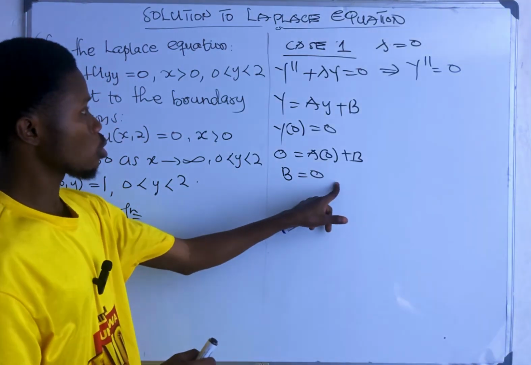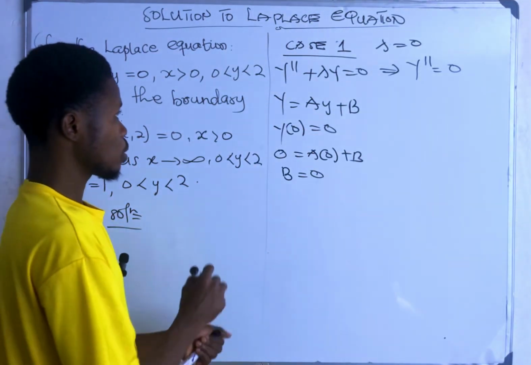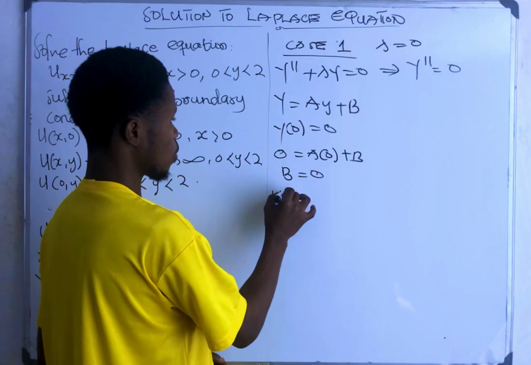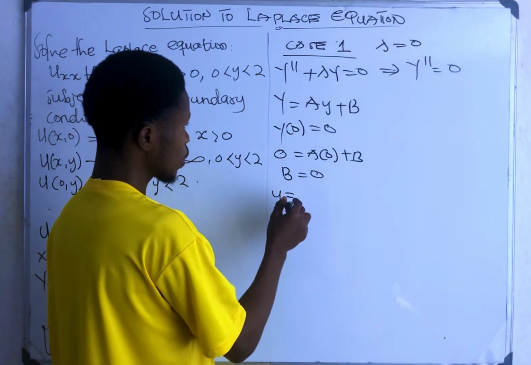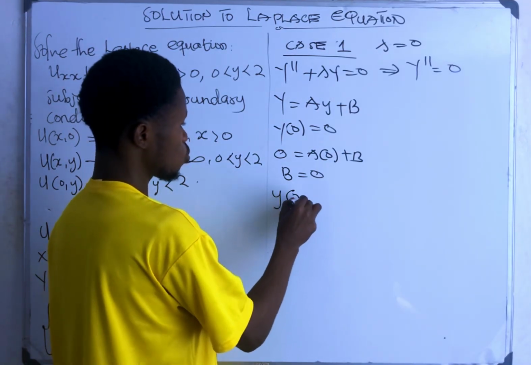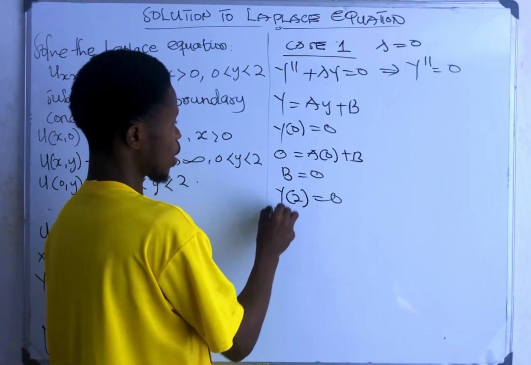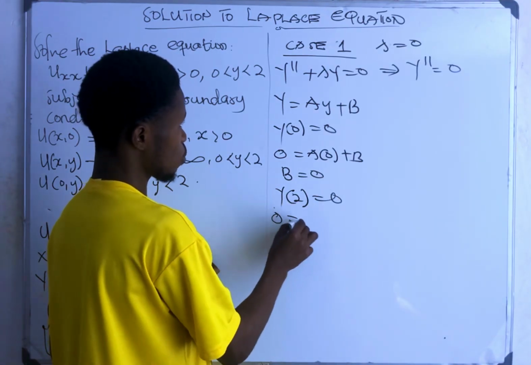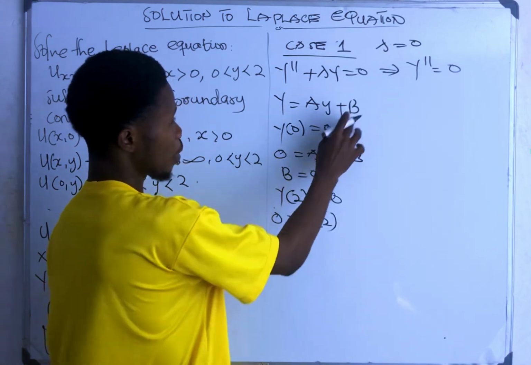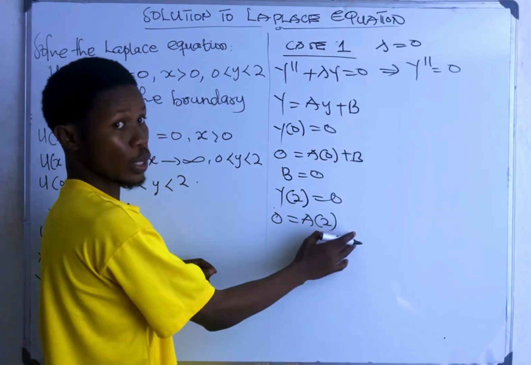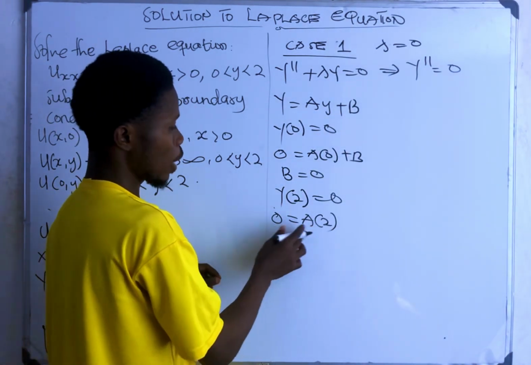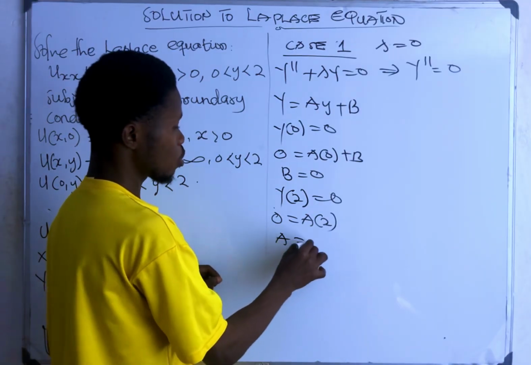So if b is equal to 0, let's substitute this into that. Y of 2 equals 0. So small y is 2, then capital Y is 0. So we have 0 equals a multiplied by 2. Remember b was 0, so we don't need to bring b again. Divide through by 2, and a equals 0.